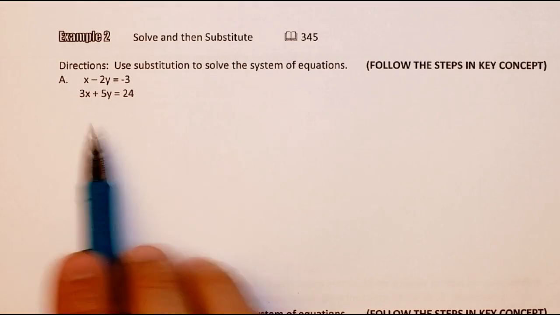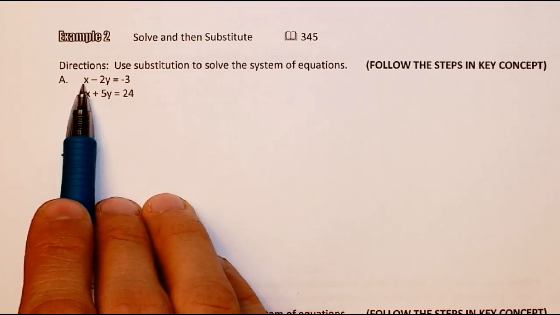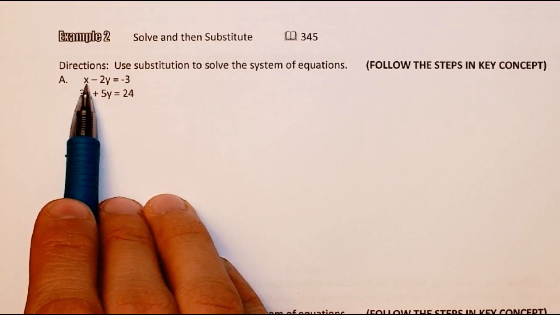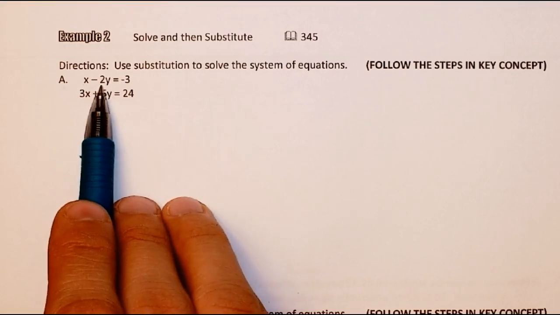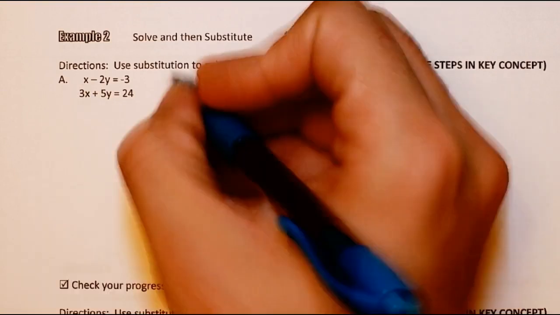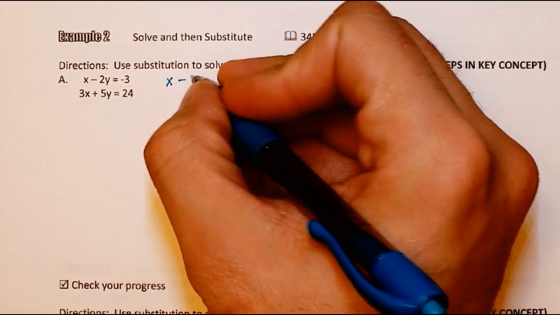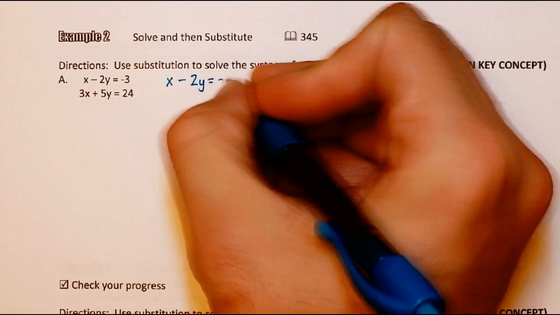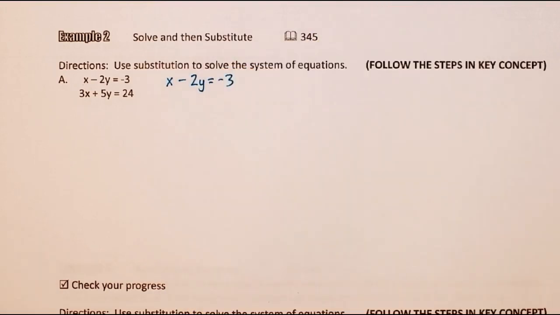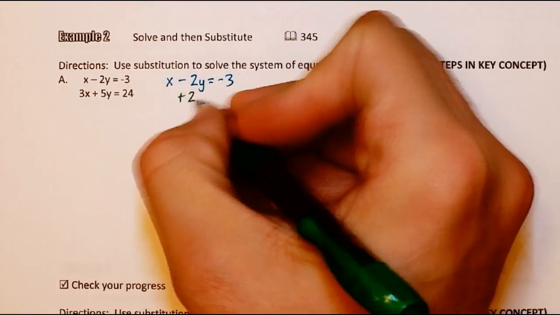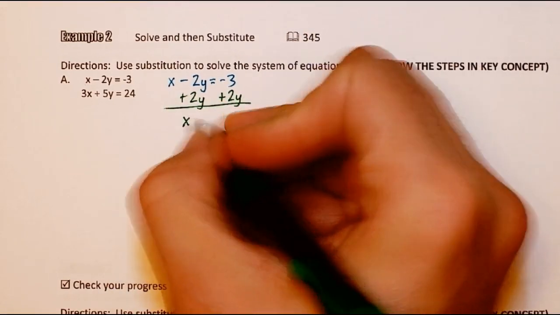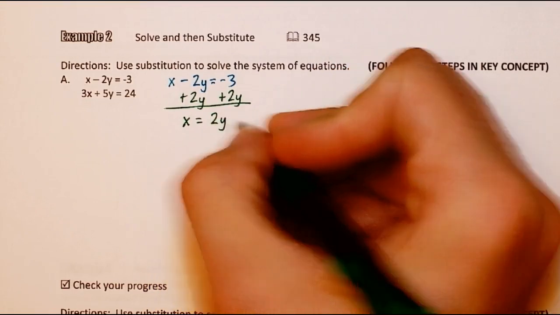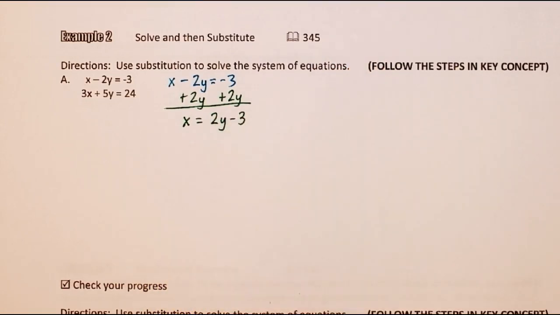I'll tell you which one to do, just make it whatever one looks easier to you. So in this example, since 1 is the coefficient for x, I'm going to solve for x because I don't feel like dividing everything by -2 if I were to solve for y. So in order to get x by itself, I'm going to take x minus 2y equals -3. And so I want to add 2y to both sides in order to isolate x. So I get x is equal to 2y minus 3.